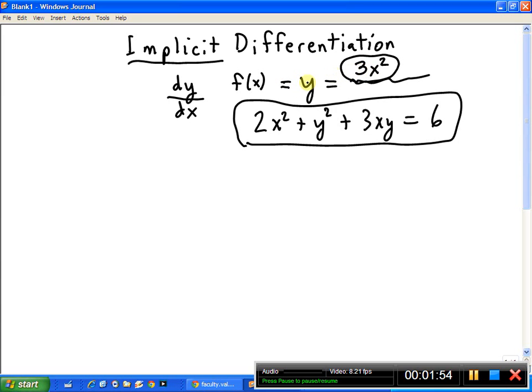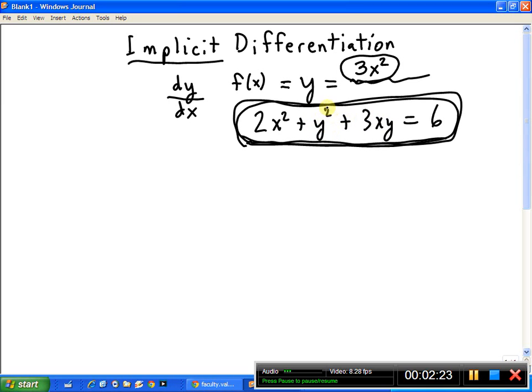In this situation, they're not telling us what y is. You don't see in this equation here, you don't see y equals anything. What you see is a y right here, and you see a y right there. And in theory, you could solve this. I wouldn't like to, but I do know how to do it, because if I think of y as the unknown, here's y squared, here's y to the first.